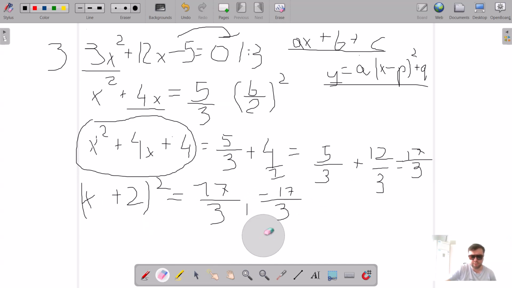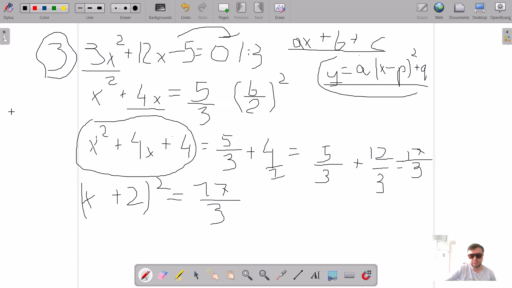What I want to show you, again, is how we can quickly convert this binomial to vertex form. We'll do the same, but this is a little bit more complicated because we have leading coefficient equal to 3.